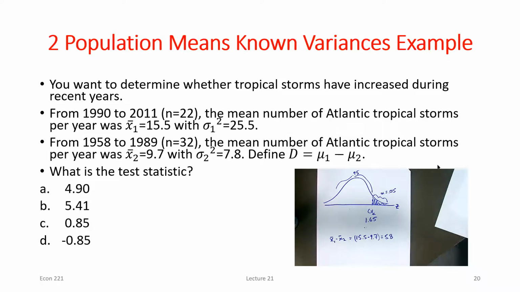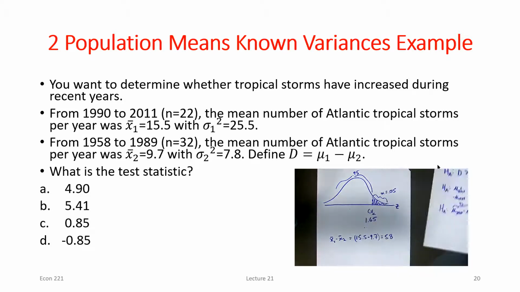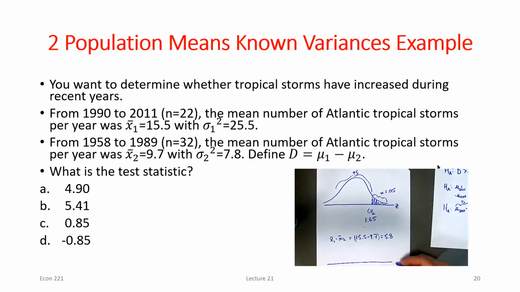And my assumed true difference, remember, was 0. So when I'm thinking about the distribution of the difference in my sample means, I've assumed that it's centered around 0. I found a sample difference of 5.8. I'm above the mean, so my z statistic should be positive.